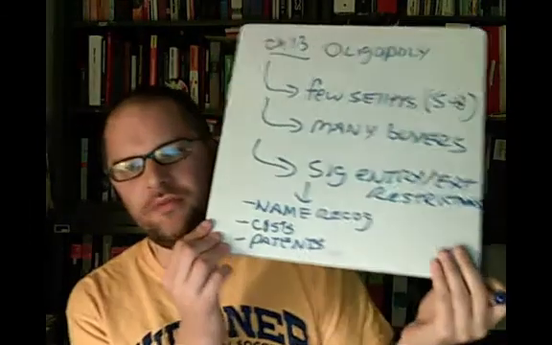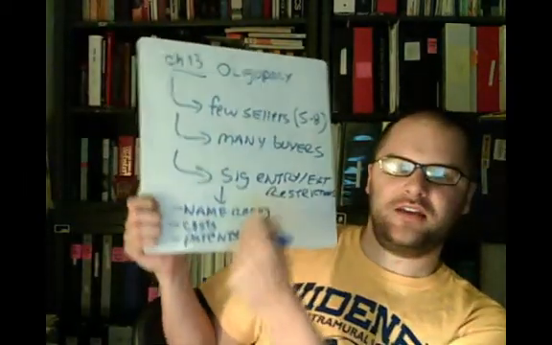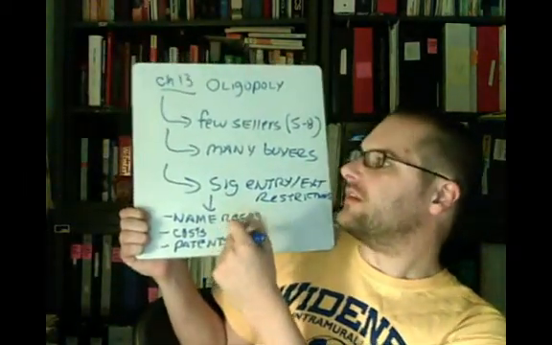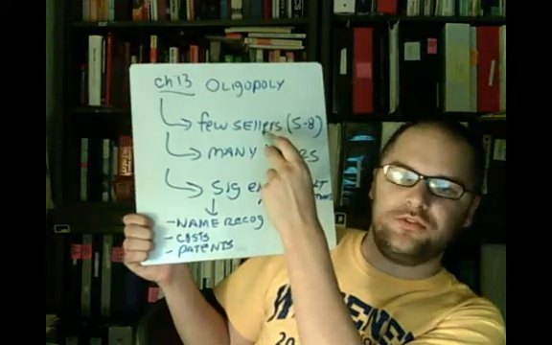The most costly part is actually setting up the network, not delivering the service. And then sometimes these restrictions take the form of patents or other government licenses. So it's the presence of these entry-exit restrictions that allow there to be only a few sellers that are also able to capture significant profits.